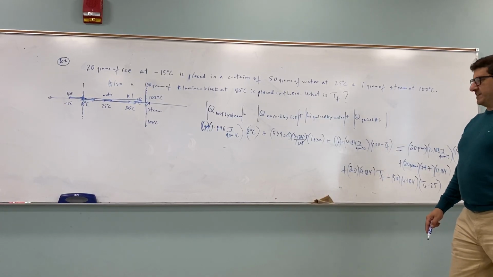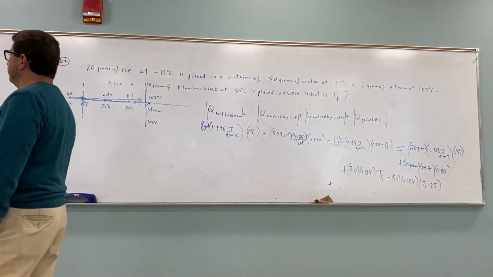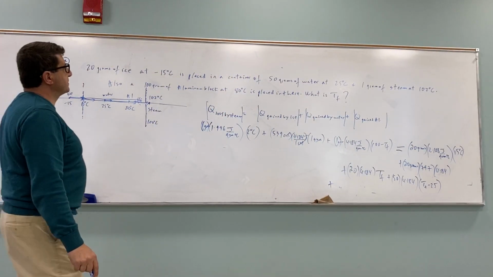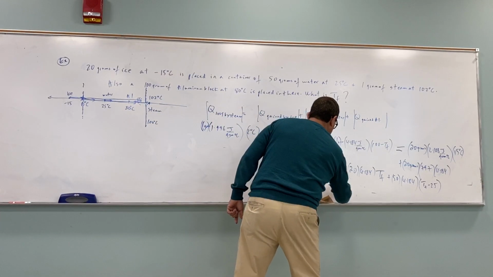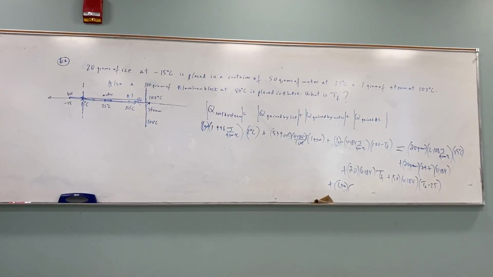Whew. Okay, then finally what? Plus the mass of the aluminum, which was what? 100. What's the specific heat of aluminum? 0.9 joules per gram per Celsius.